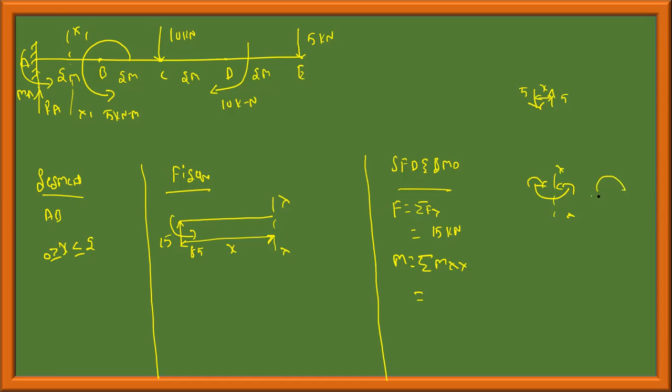The moment bending the beam like this has to be positive, 15x, and the moment in the same direction as this is hogging, minus 85. Moment at x equal to 0 is equal to minus 85. When there is a moment, there is a sudden jump in the bending moment diagram, either upwards or downwards. Moment at x equal to 2 is 30 minus 85, which is equal to minus 55 kilonewton meter.